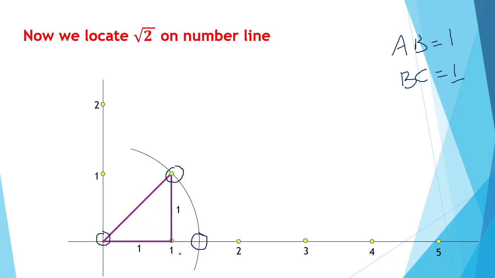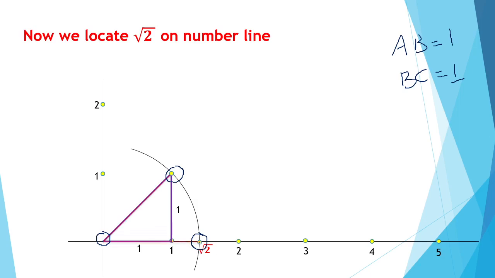See there? Both are equal, so like root 2. I'm just coming back. So this point is root 2. Just now this is located. Catch my point? Any doubts? If you have any doubts, please ask me on WhatsApp.